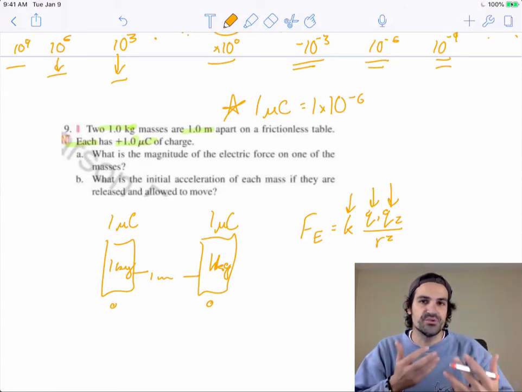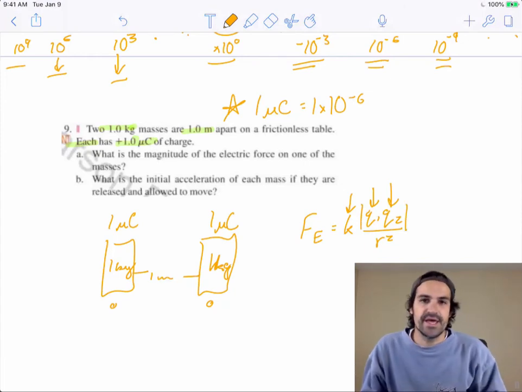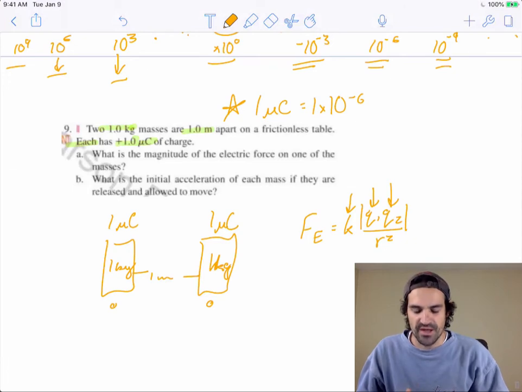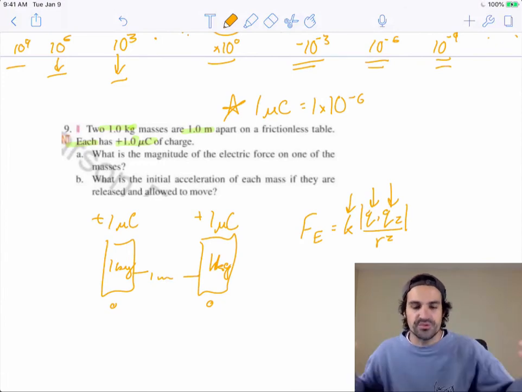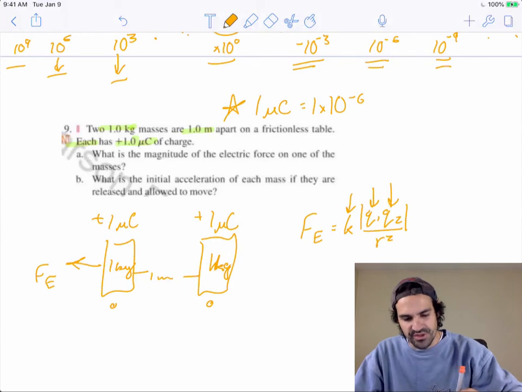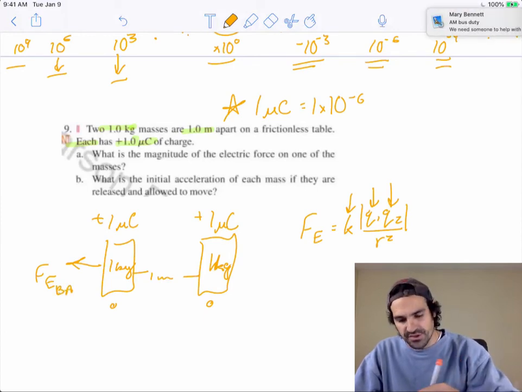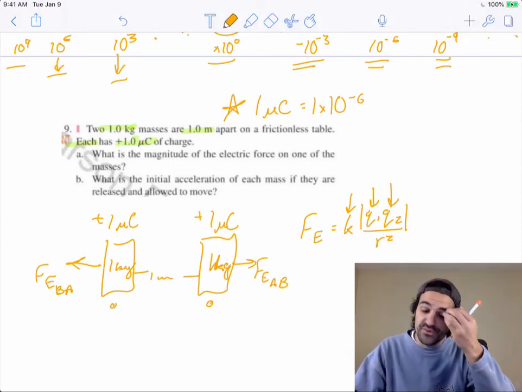This is one of those situations where you kind of want to use absolute values and pay attention to whether the force is repelling or attracting. Because they're both positive, we know they're both going to repel each other. So the electric force on object A is going to be on the left, and that's the electric force of B on A. The electric force of A on B is going to be to the right.